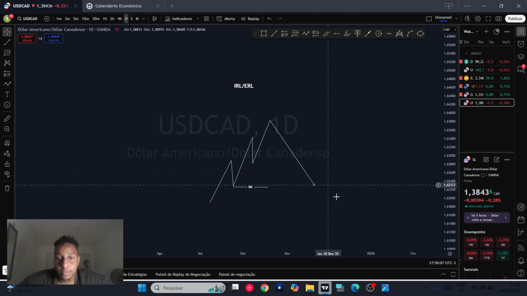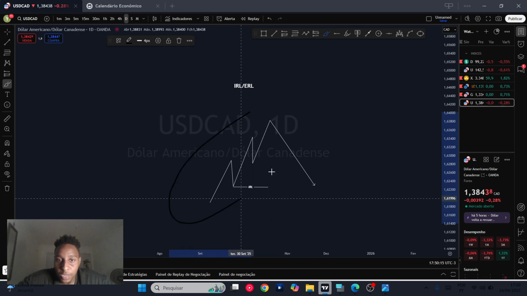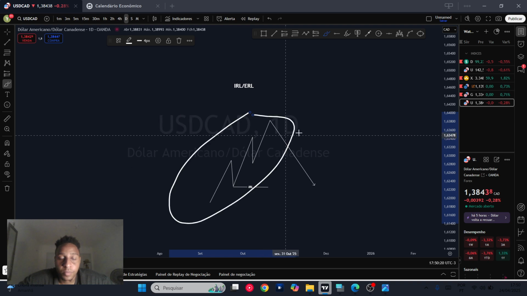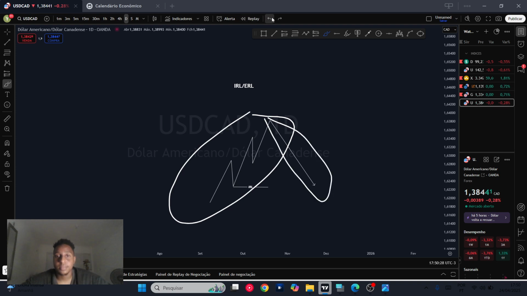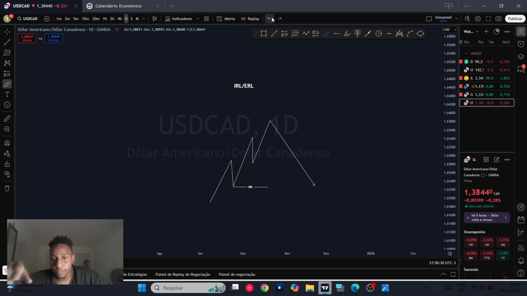So this is expansion, this is retracement. The internal range liquidity is the liquidity that is created in the expansion move. Understand it?